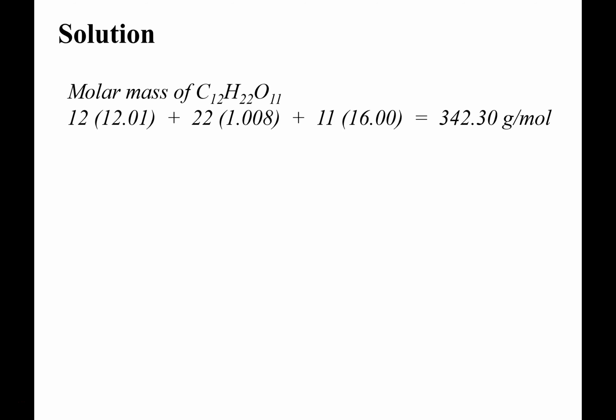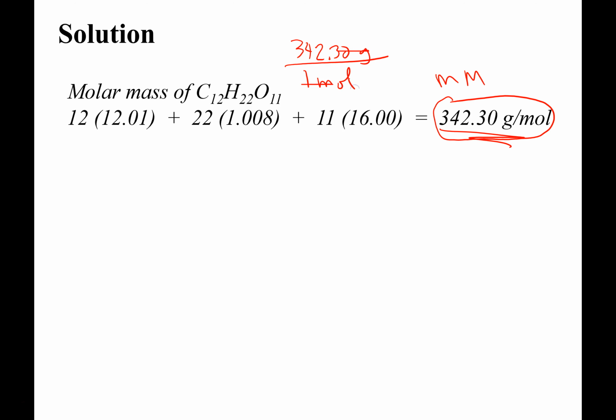And it seems like just the other day we were talking about molar masses. So this is the molar mass of sucrose. If I were to unpack that, remember what that means is 342.30 grams per 1 mole. So let's go ahead and, again, not reinvent the wheel.